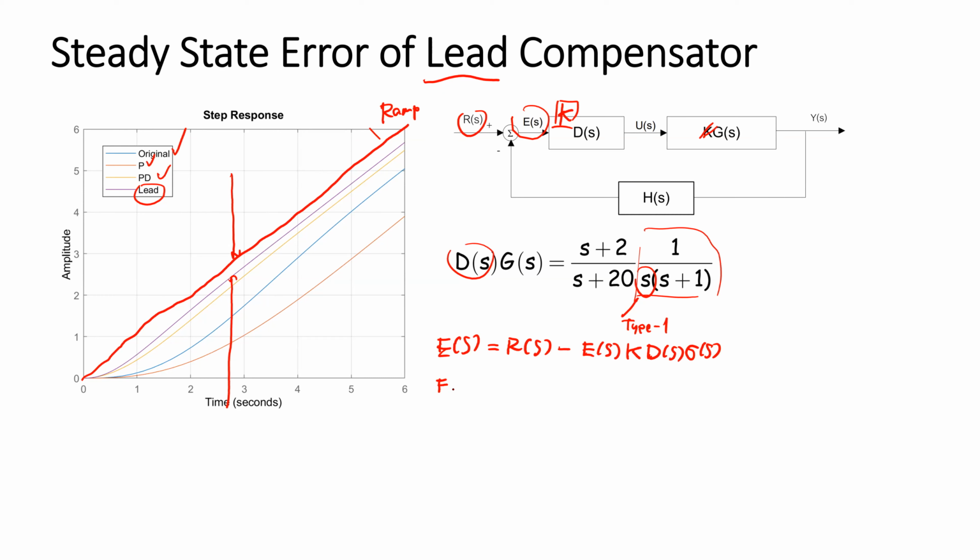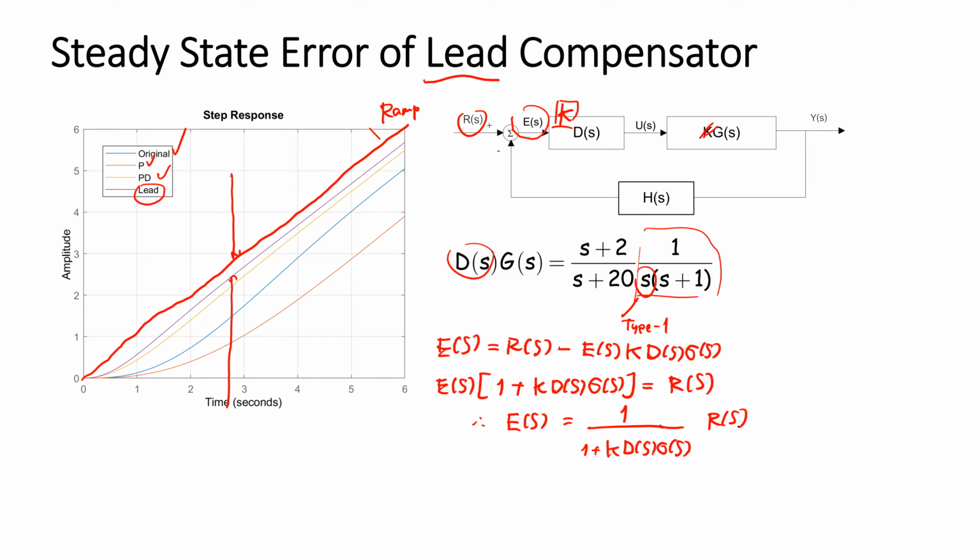And the error equation: 1 plus K D G, multiplied by the error, equals the input, which means the error itself is 1 per 1 plus K D G multiplied by the input.